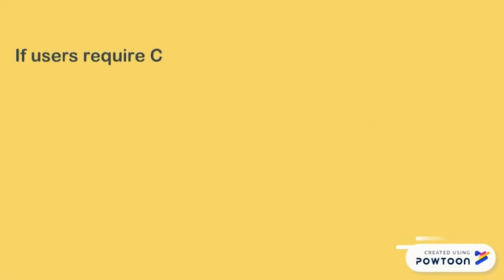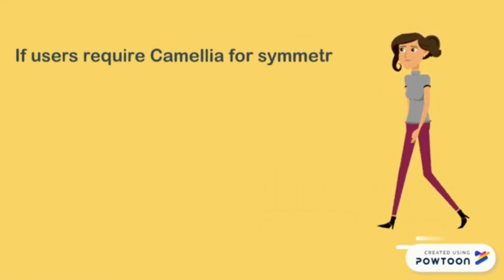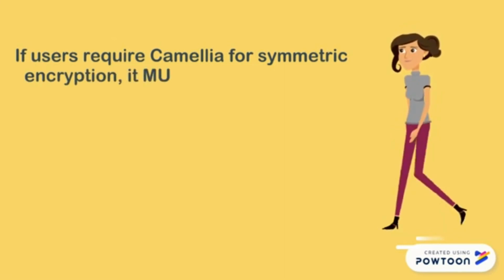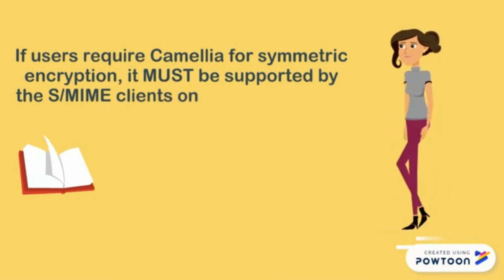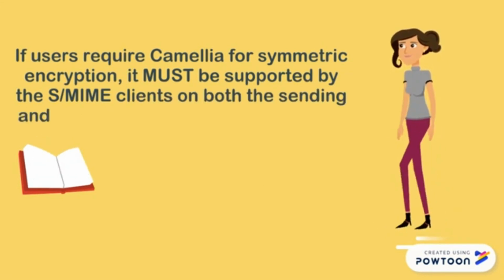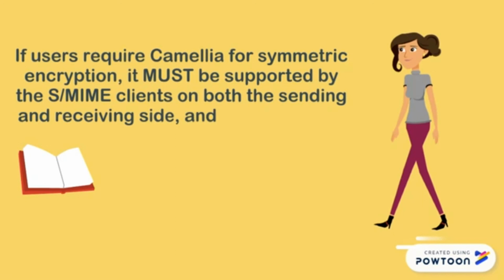If the user requires Camellia for symmetric encryption, it must be supported by the S/MIME client on both the sending and receiving side, and it must be set in the user preference.